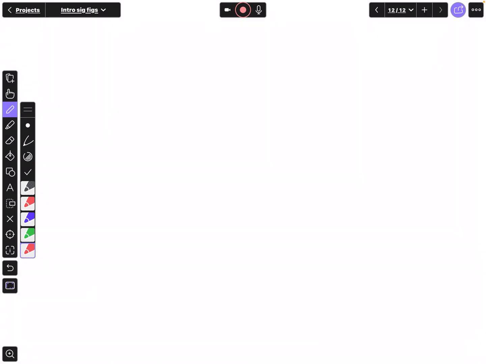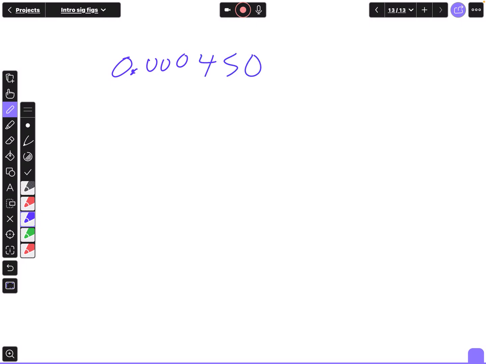And if we look at one more, if I had 0.0004500, and let's say I wanted to round that to 3 significant figures. Well, I know that these first numbers here are not significant, so let's rewrite those: 0.000.